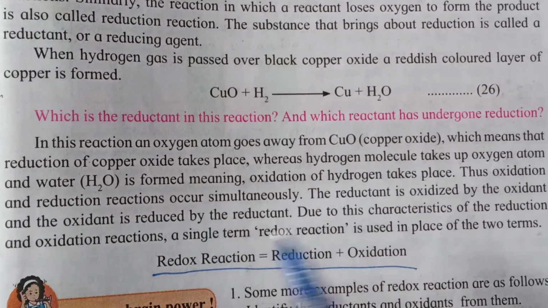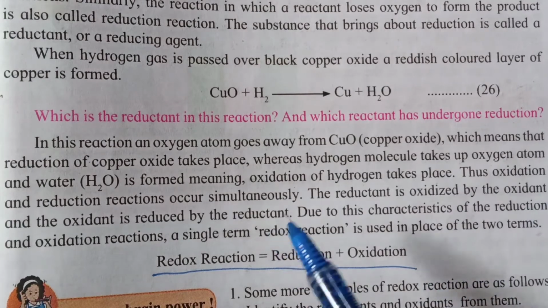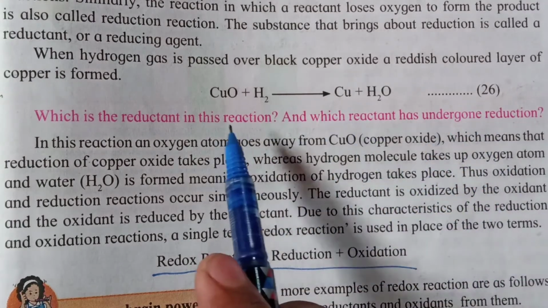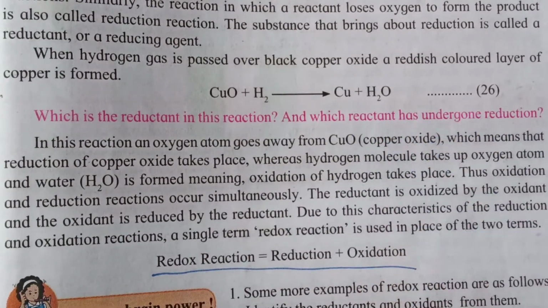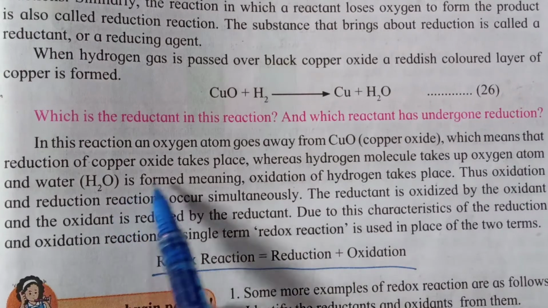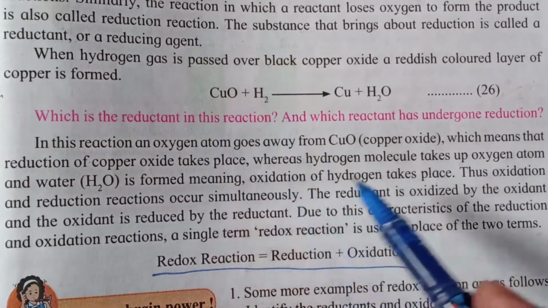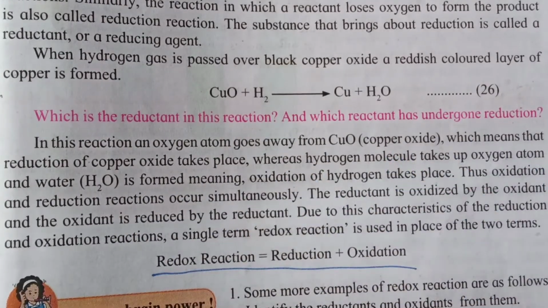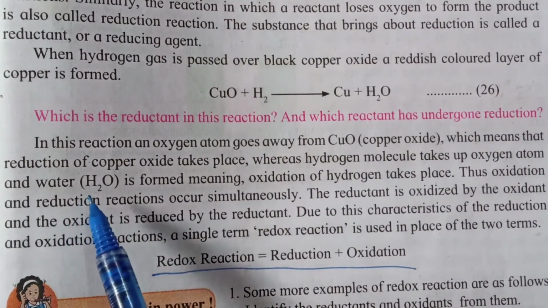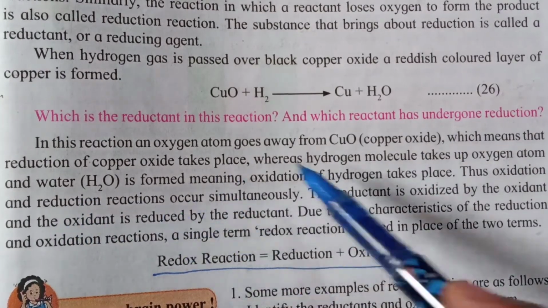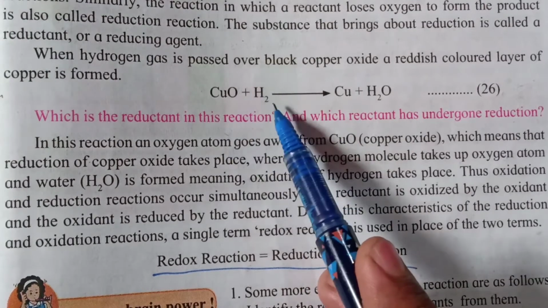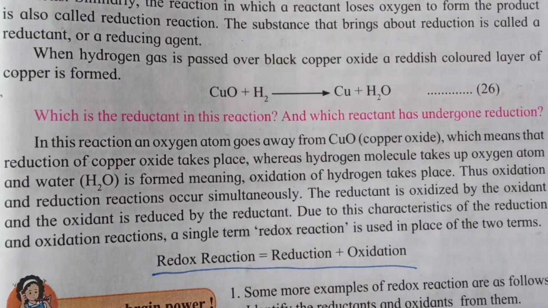In this reaction an oxygen atom goes away from copper oxide, CuO, and it forms H2O, which means reduction of copper oxide takes place, whereas the hydrogen molecule takes up the oxygen atom and water is formed. When oxygen combines with H2, it will form H2O.